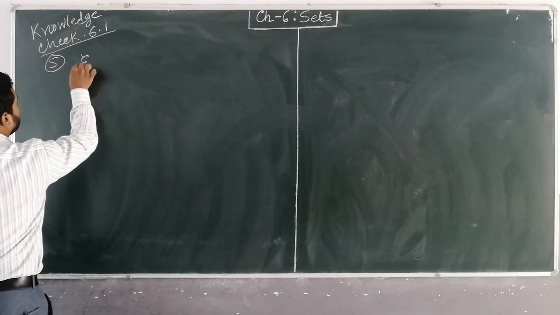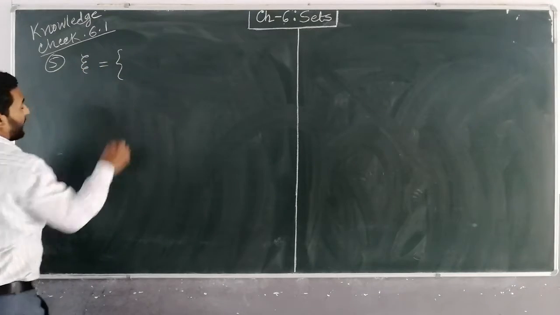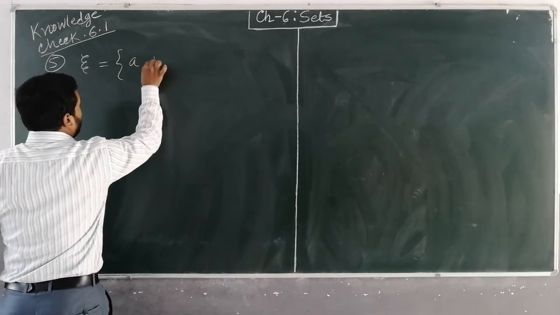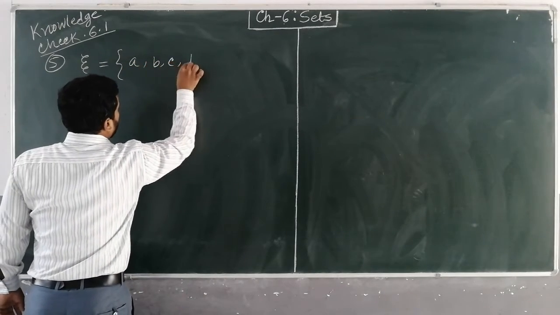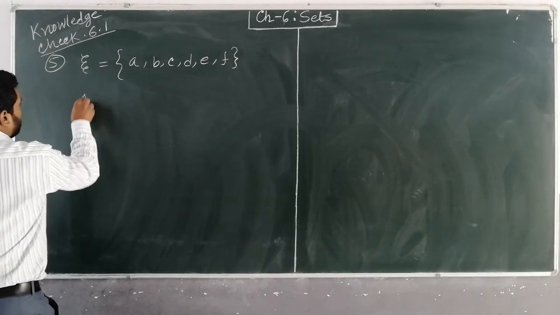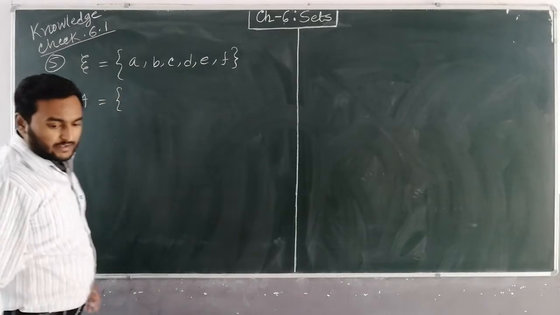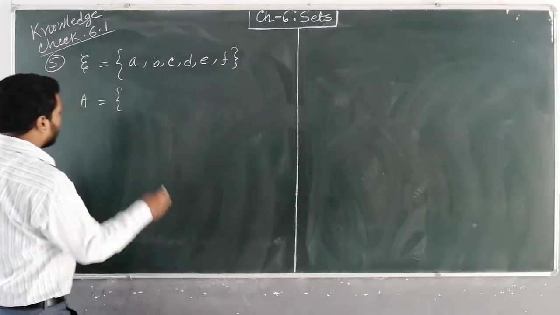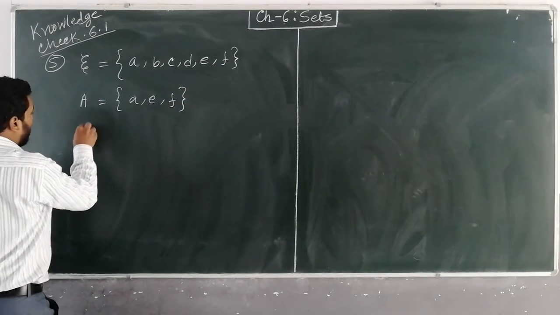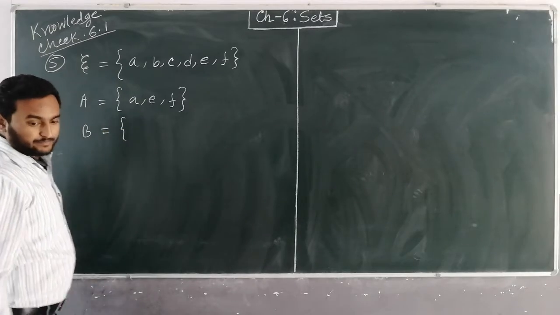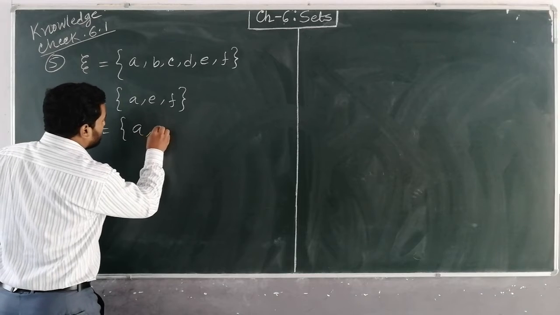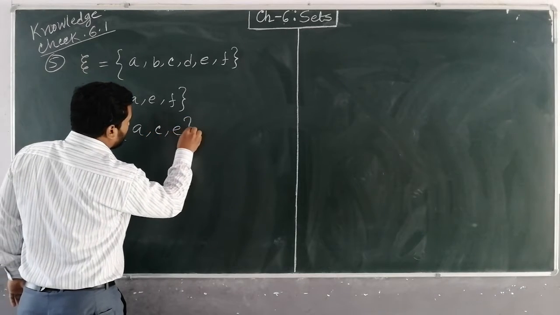The given things are ξ, the universal set, equals {a, b, c, d, e, f}, the set A is given as {a, e, f}, and the set B is given as {a, c, e}.